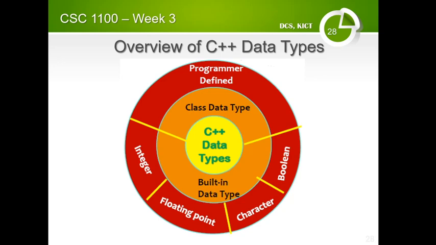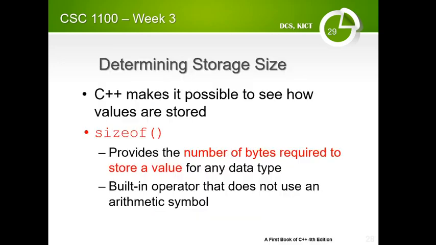What we're going to play with today is particularly integers, characters, strings, or floating points in this setting. Data types have specific storage sizes. You can find out the storage size by using the command sizeof, which provides the number of bytes required to store a particular data type.